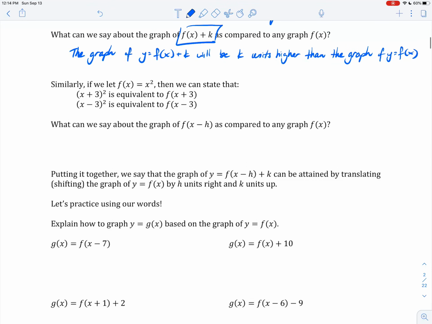Which leads us to a general statement, again, pretty much tying into our knowledge of parabolas. If we take a look at the graph of y equals f of x minus h, note the minus there. It will be h units further to the right.